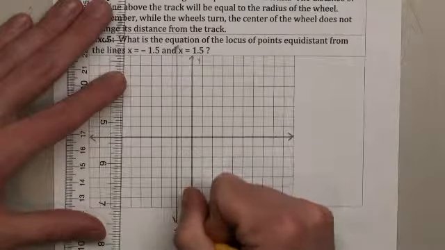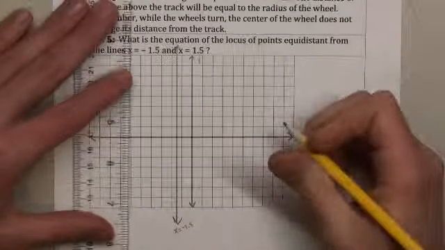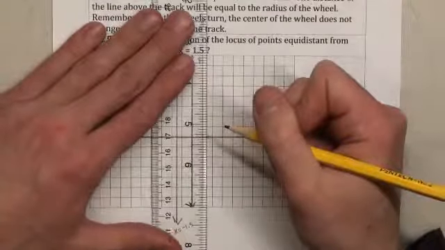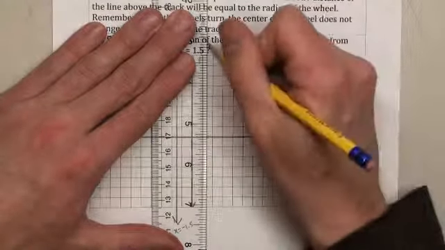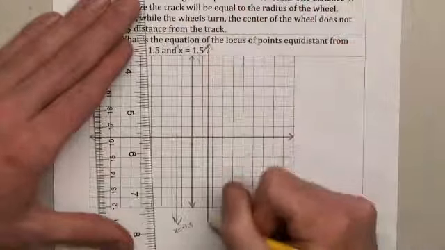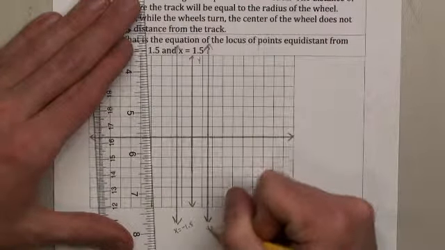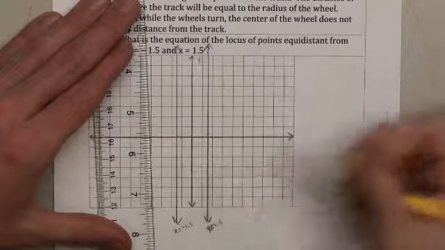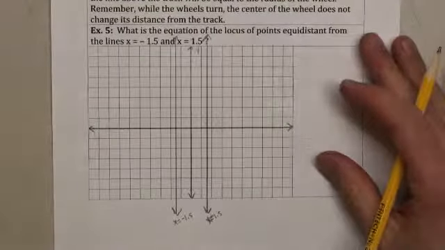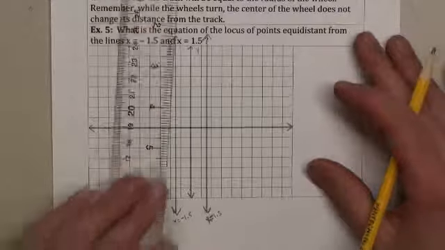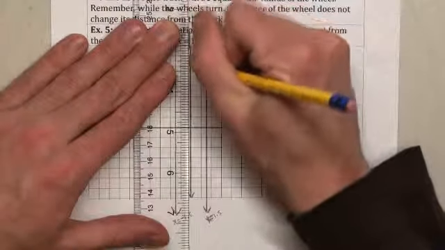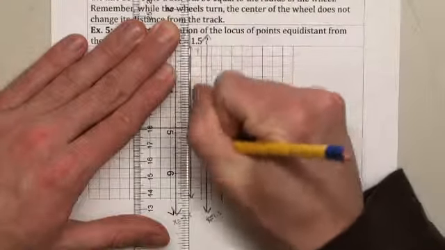Okay, that's x equals -1.5, and then we have x equals 1.5. Okay? Well, directly in the middle of those two lines is the y-axis.